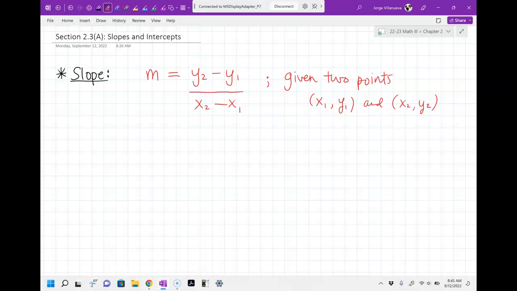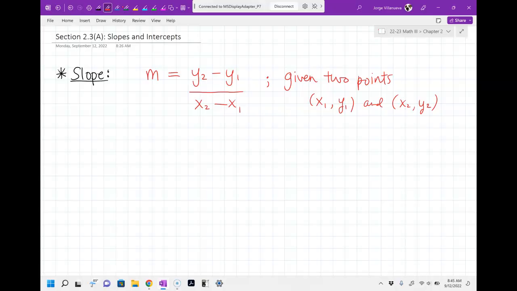So those are the 2 points they should give you. I know that looks kind of weird, but in other words, just 2 points that are not identical, like 2 comma 3 and 5 comma 0 or something like that. So the formula for slope is y sub 2 minus y sub 1 over x sub 2 minus x sub 1, given those 2 points.